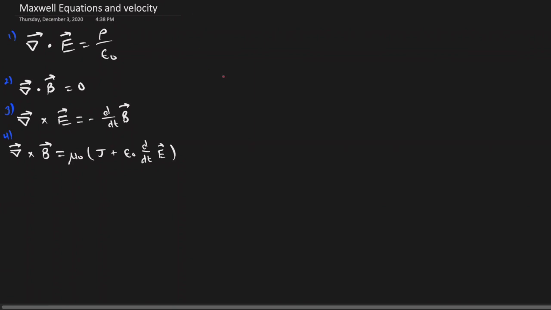Now I'm going to write down the wave equation, which is a very useful equation. Anything that solves this equation is defined to be a wave. So we're going to take this, the second time rate of change of some function which is a wave.